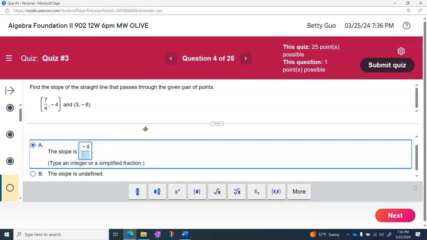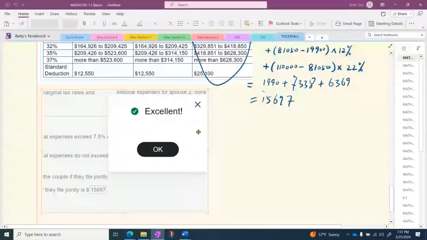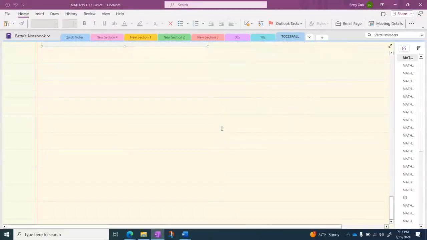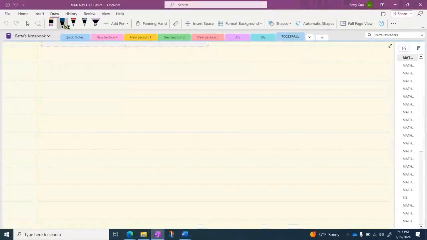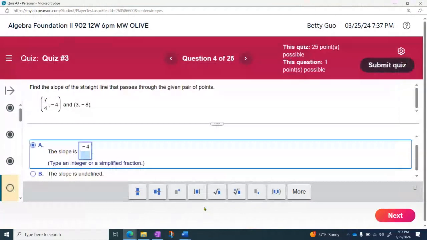And the denominator, I use 3 minus 7 over 4. Let's do it on the scratch paper. Three minus 7 over 4.